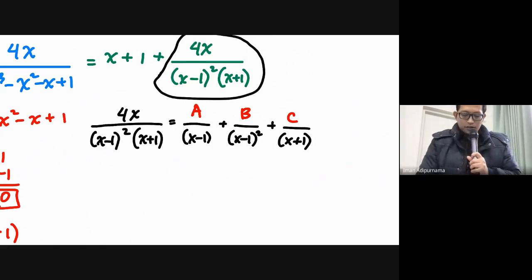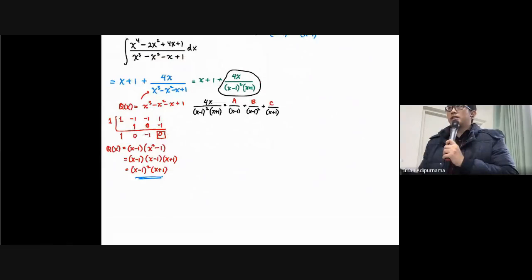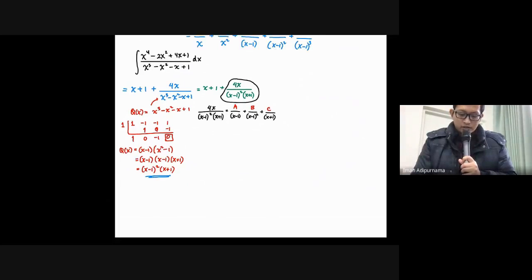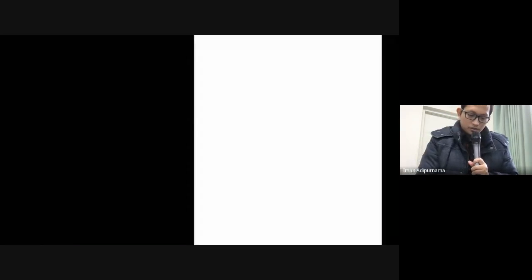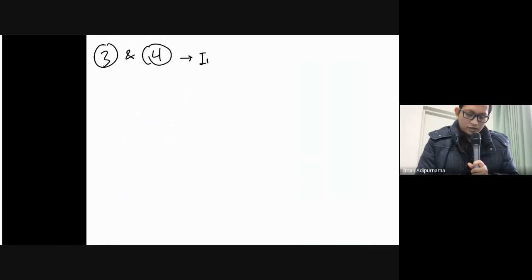Now I will move to the next category. The third case and fourth case, I will combine both together. So 3 and 4 will have irreducible factors.